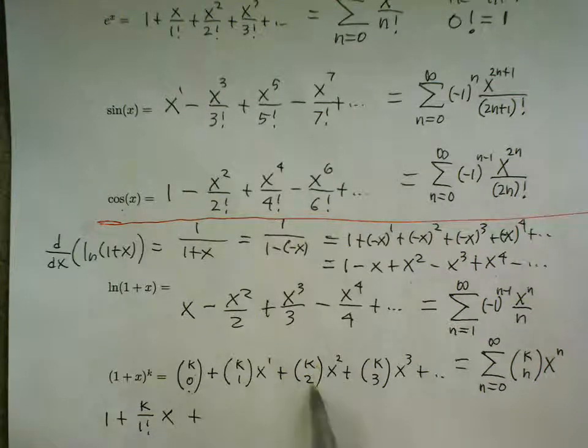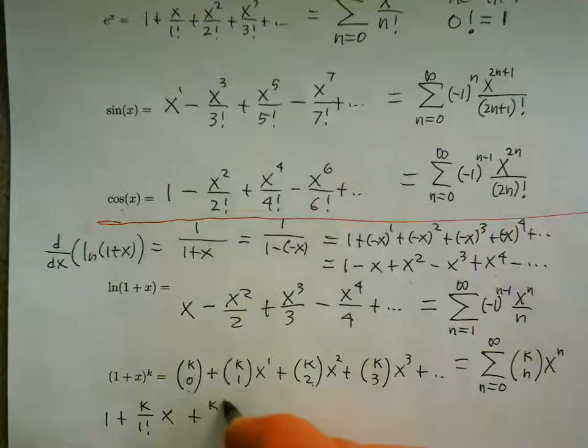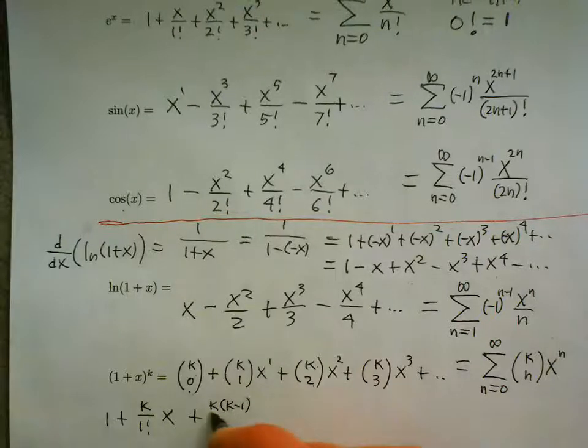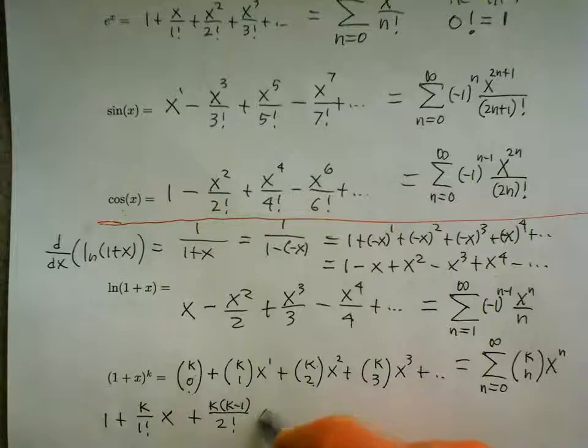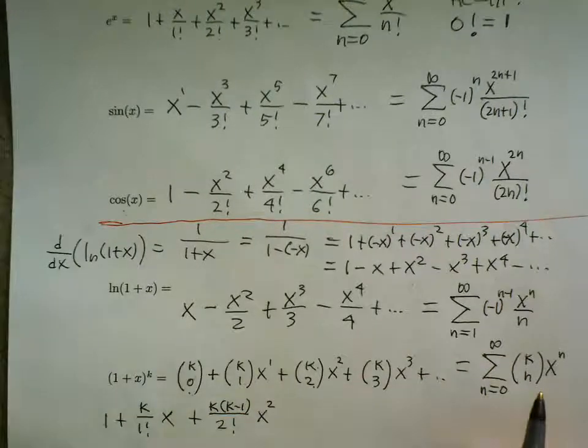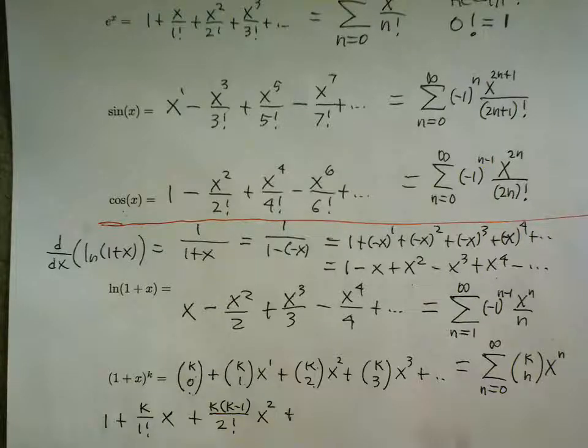K choose 2 is k times k minus 1 divided by 2 factorial times x to the second, and so on. K choose 3, we have 3 factors in the numerator, k times k minus 1 times k minus 2, and divide by 3 factorial.